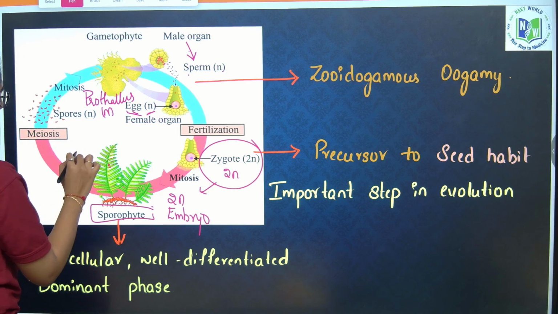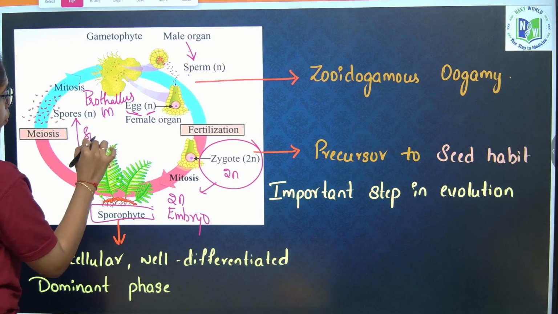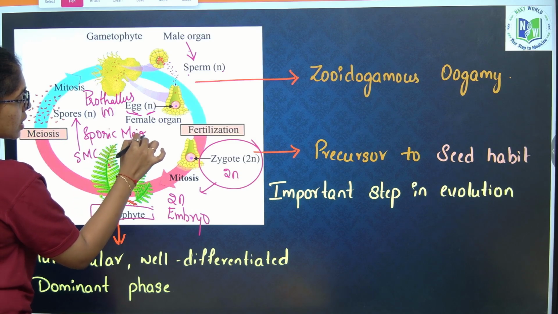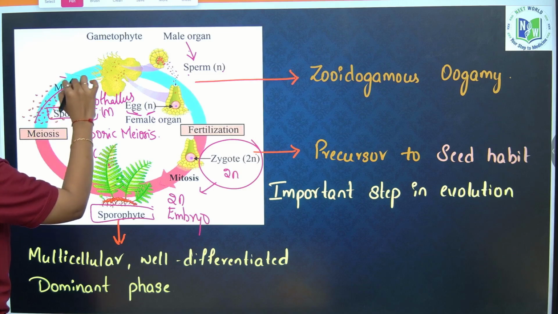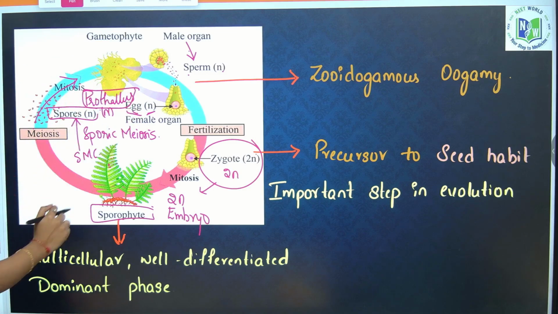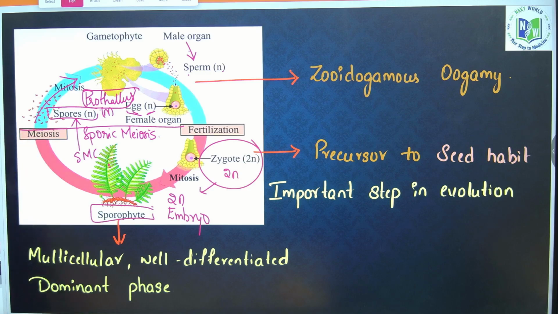Inside the sporangia, you have spore mother cells. They undergo sporic meiosis. They undergo what, Nana? Sporic meiosis, and they release haploid spores. Haploid spores undergo mitosis, or they directly germinate into prothallus. This is the life cycle of pteridophytes.